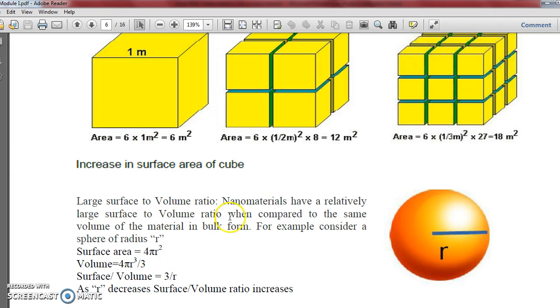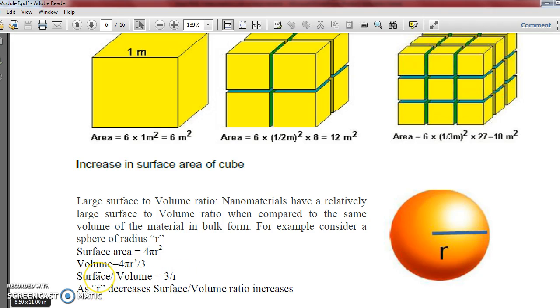Large surface to volume ratio: nanomaterials have a relatively large surface area to volume ratio when compared to the same volume of the material in bulk form. For example, consider a sphere of radius r. Its surface area is 4 pi r square and volume is 4 pi r cube by 3. Then if you take the surface area to volume ratio, it leads to 3 by r.